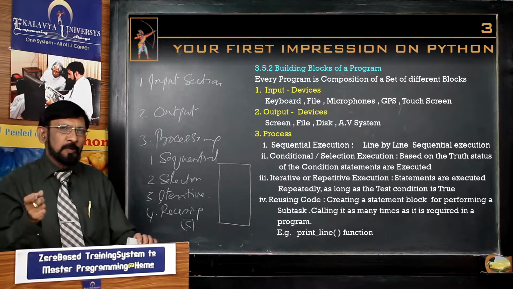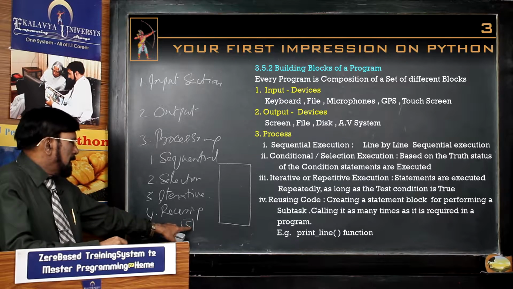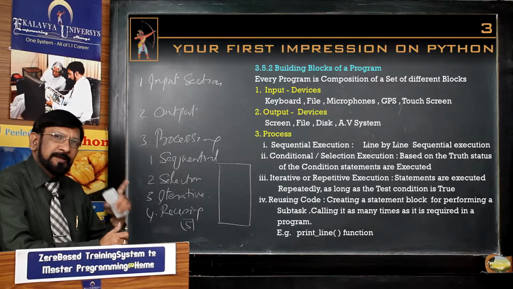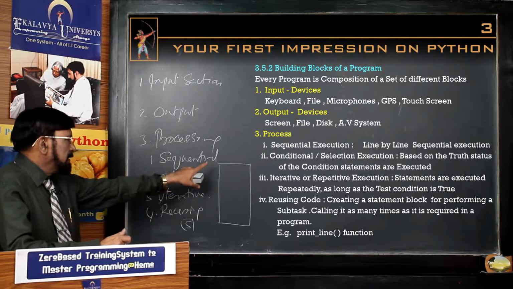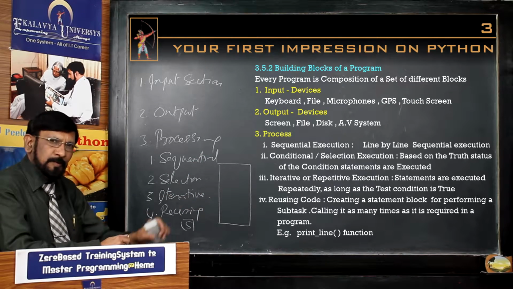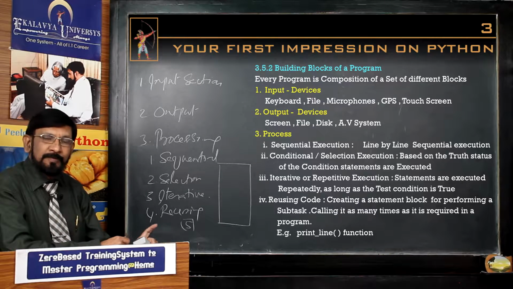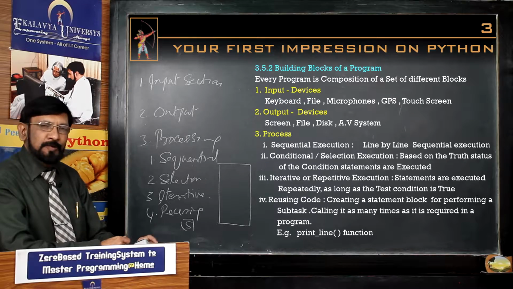So if we have to print the addresses of 10 candidates, then what happens? 10 into 5, 50 lines of code you have to write apart from other regular code. There are 100 candidates, 100 into 5, 500 lines you have to write.